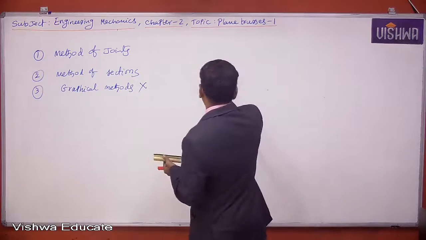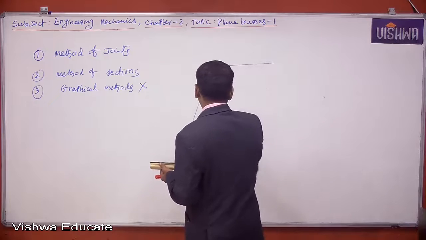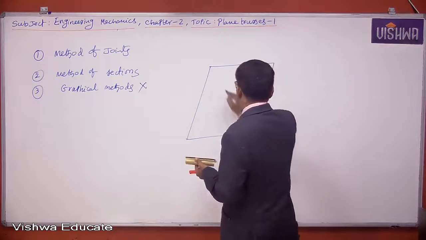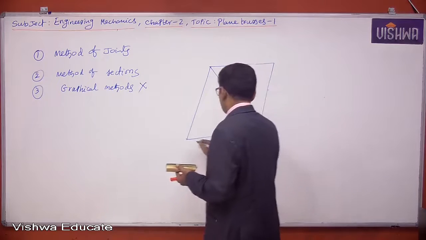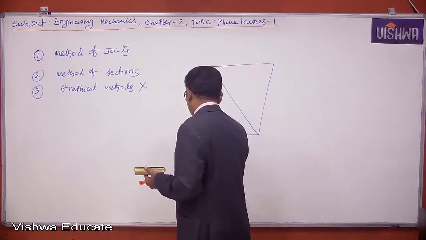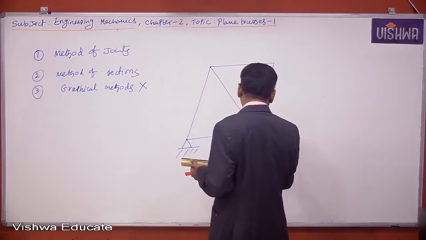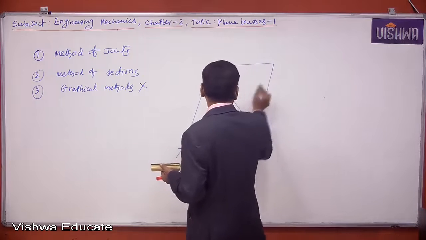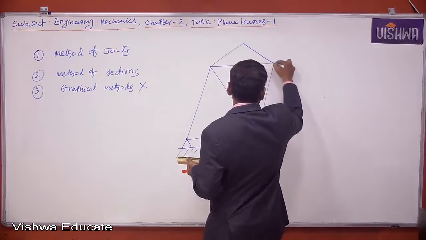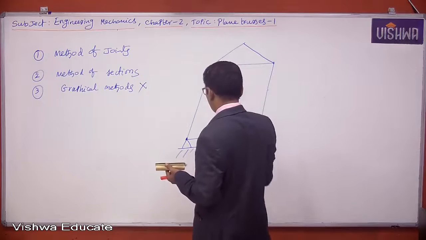For instance, here I am drawing one truss. Here a pin joint is there, here another pin joint, but it is put on a roller support like this. An example here.